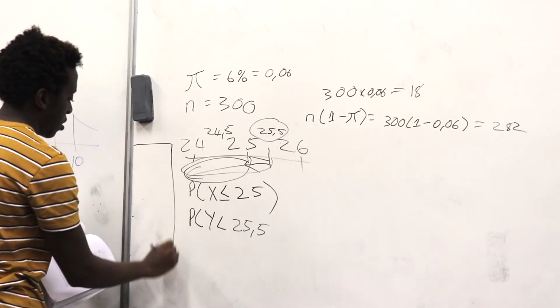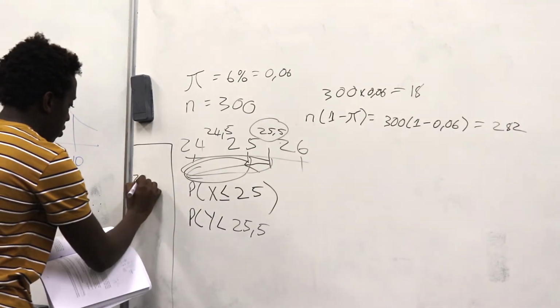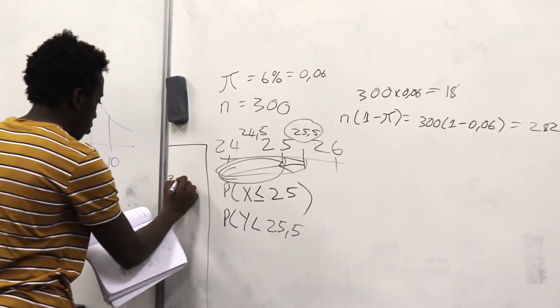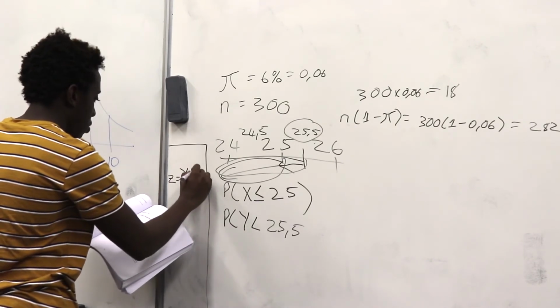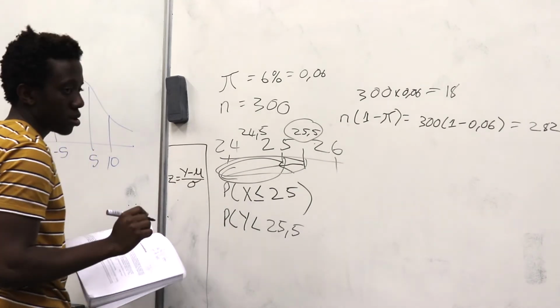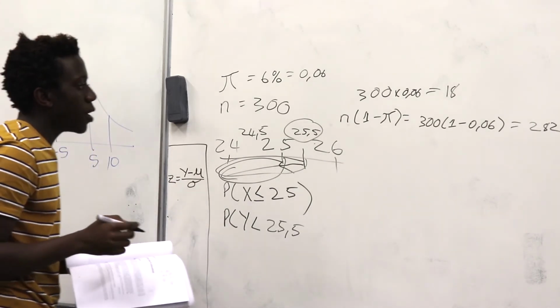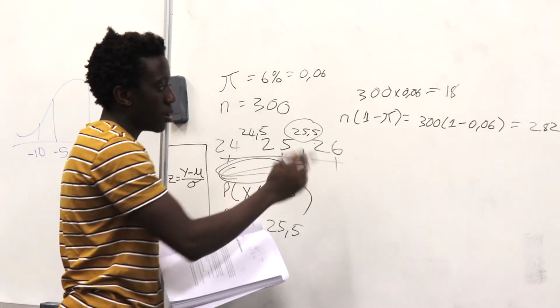The formula for this is going to be z is equal to y minus mu, divided by the standard deviation. And the variance is similar to what we tested over here, but it's not exactly the same.